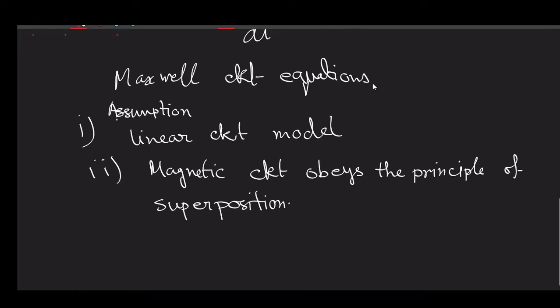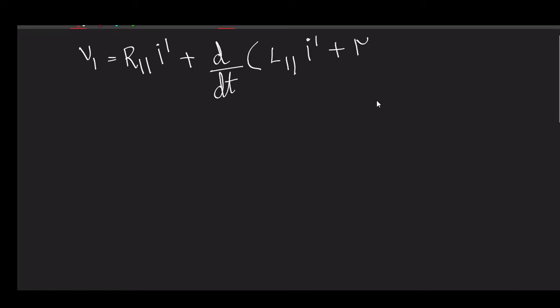For n number of windings, that will be V1 is equal to R11 I1 plus d/dt, you can write P also, of L11 I1 plus M12 I2 plus M13 I3 plus till M1n In.